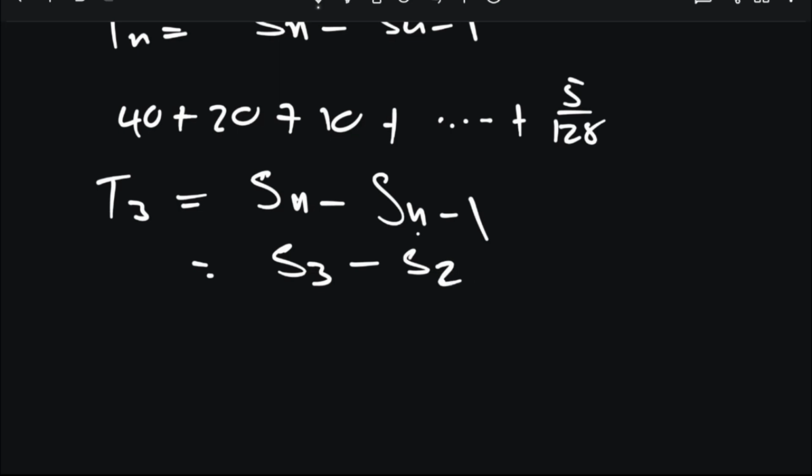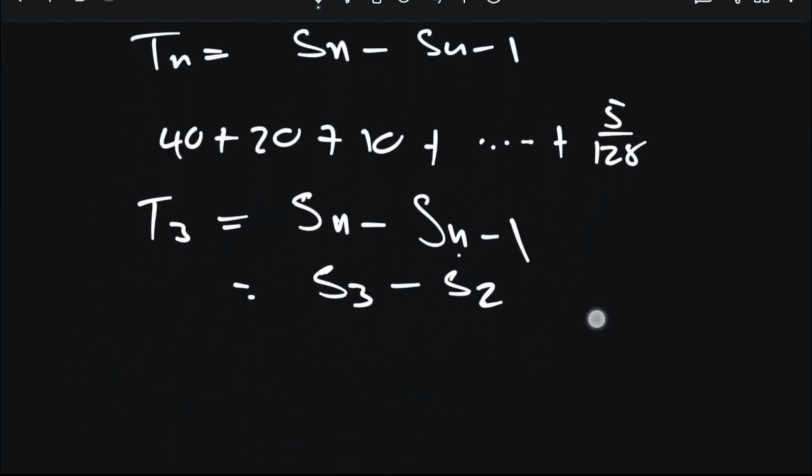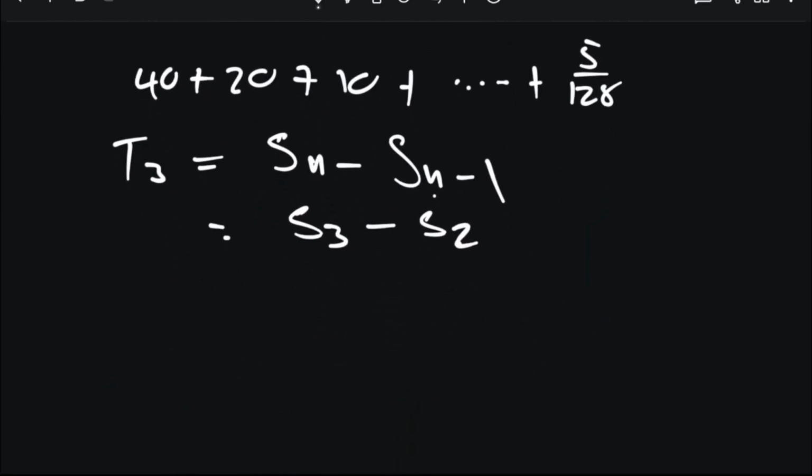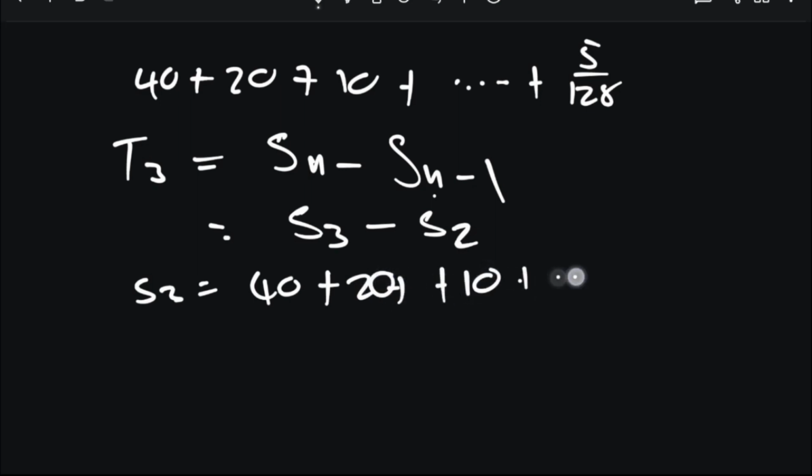Because Sn is the sum of terms, this means that S3 is the sum of the first 3 terms, right? So let's add the first 3 terms. Our S3 will be equal to 40 plus 20 plus 10.